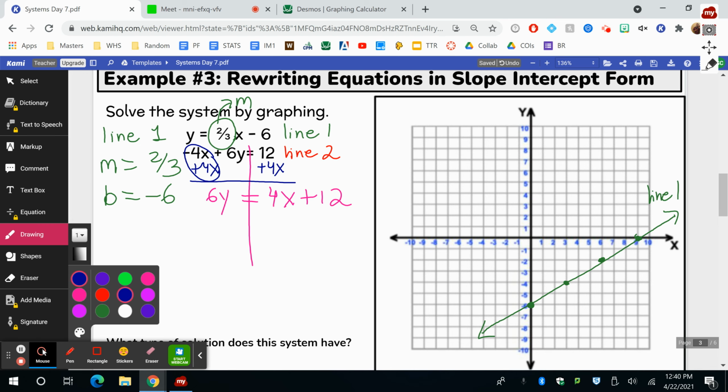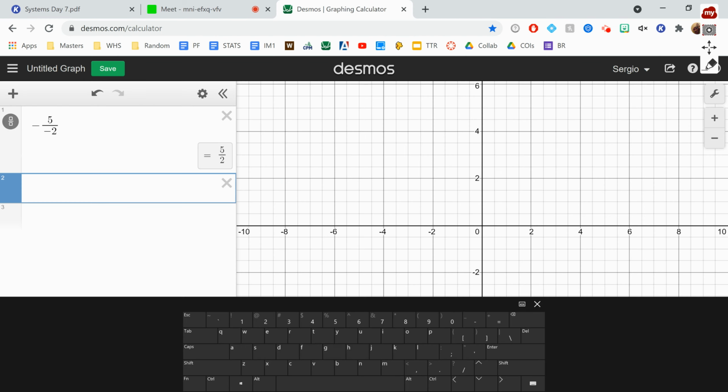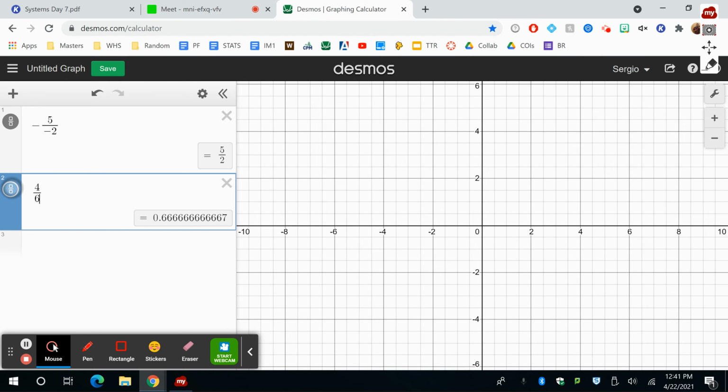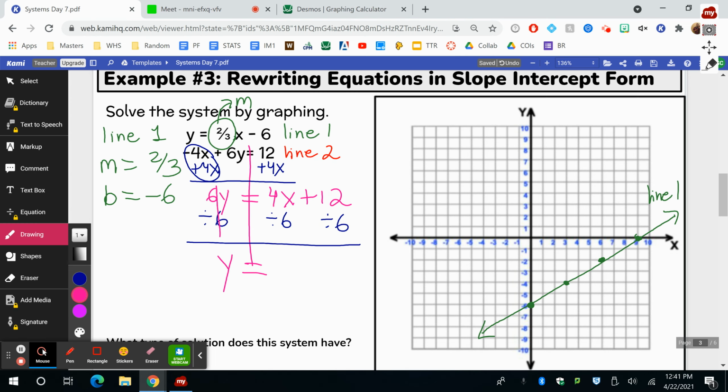Then my next step is to divide every single term by 6. And that goes to 1. So I have y by itself. 4 divided by 6. For this one, you can always go to decimals and say 4 divided by 6. And that gives me 0.66667. But if I do that, it gives me the fraction, which is 2 over 3. And that's what I want to put.